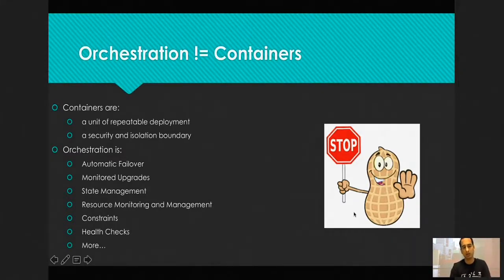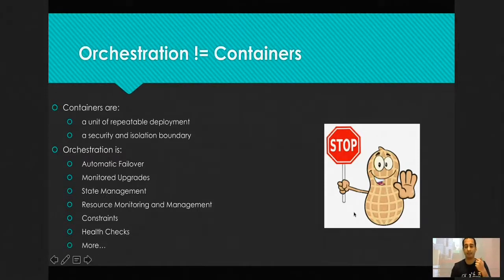Yeah. Now, orchestration is something else. Orchestration really means that it does a lot of things under the umbrella of orchestration. So an orchestrator will do automatic failover, it will do upgrades, it will do state management, it will do constraints.